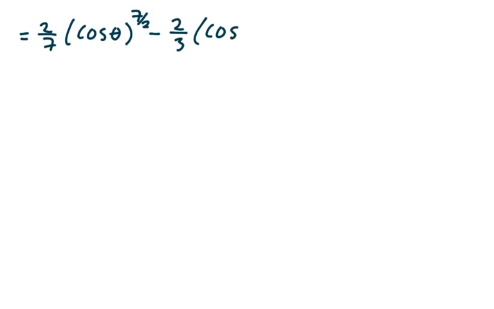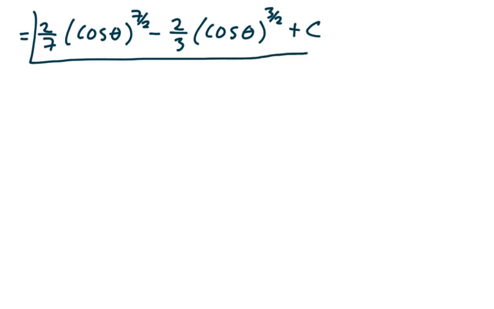So this is 2/7 times cosine theta to the 7 halves minus 2/3 times cosine theta to the 3 halves plus c. And that's how we do problem number 13.